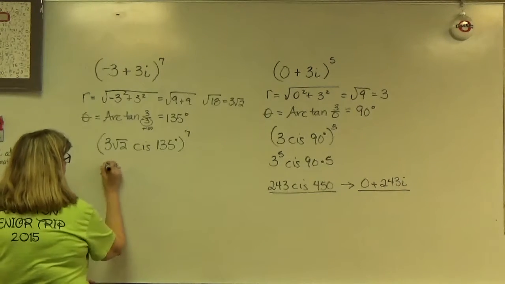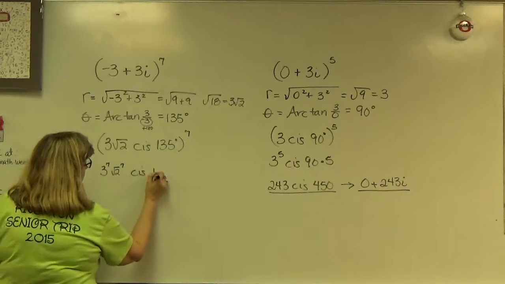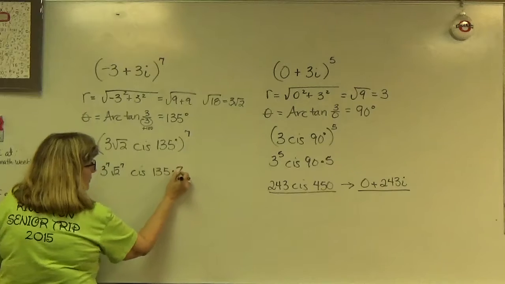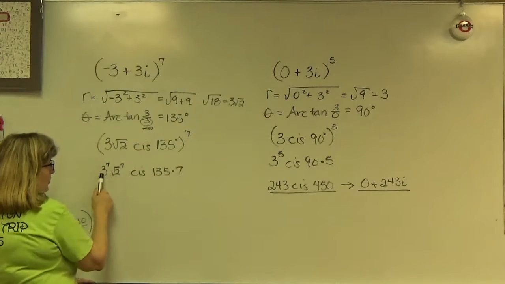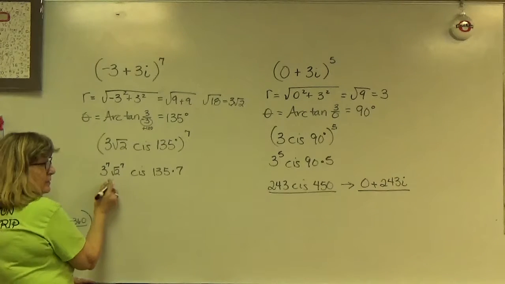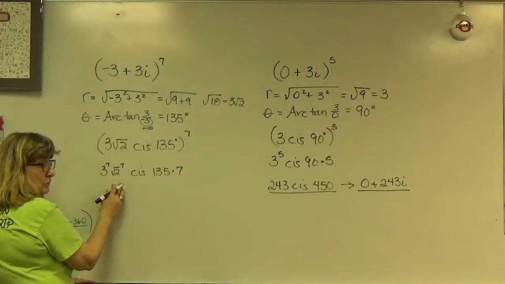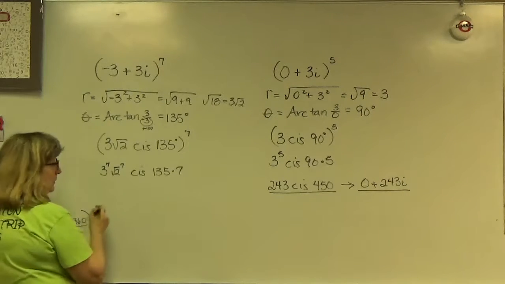So 3 to the 7th, the square root of 2 to the 7th, cis of 135 times 7. You multiply the power times the angle, but you raise the r's to the power. So I got two numbers basically. Don't I have 3 square roots of 2? So what's 3 to the 7th? 2,187.